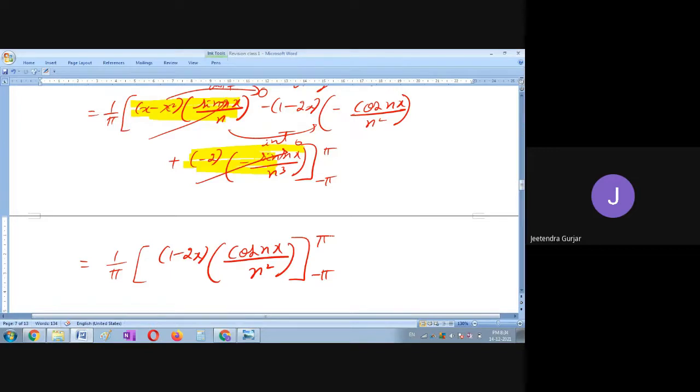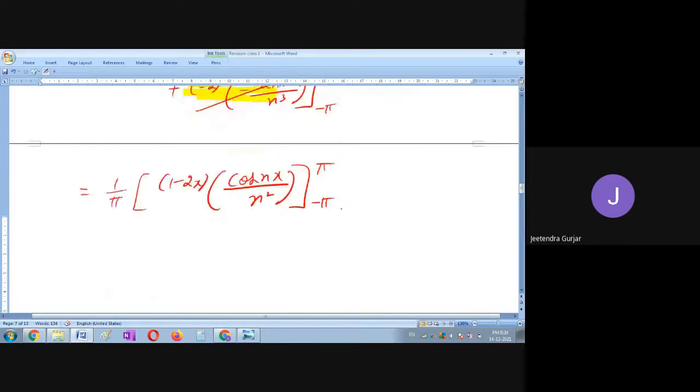You will get like this. So first I will put x is equal to upper limit and lower limit. n square is constant. I will take it outside. 1 upon n square pi. Okay. So I'll put first x is equal to pi. So this is 1 minus 2 pi cos n pi.